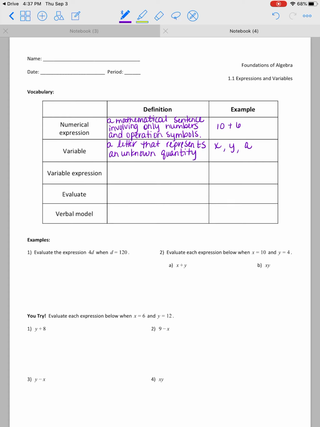The third vocabulary word is a variable expression, and it is a mathematical sentence involving numbers, variables, and operation symbols.